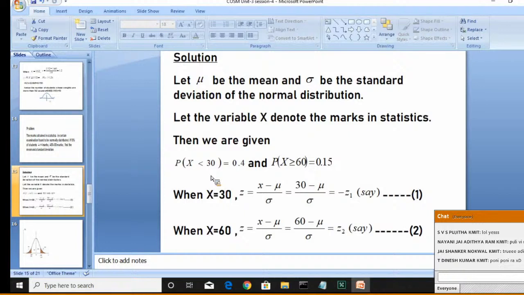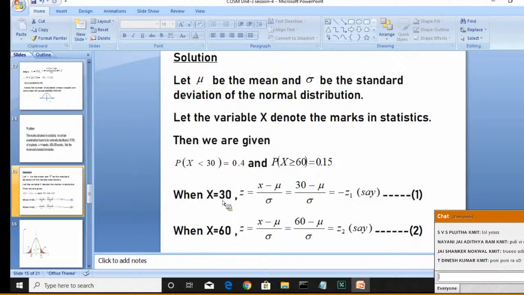X can take any value, but when we convert it into the standard normal variate, the maximum probability lies between -3 to +3, approximately 99 percent, and between -1 to +1, 68% as we have learnt.